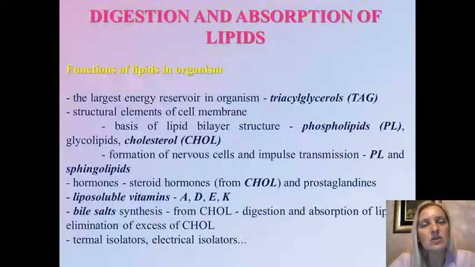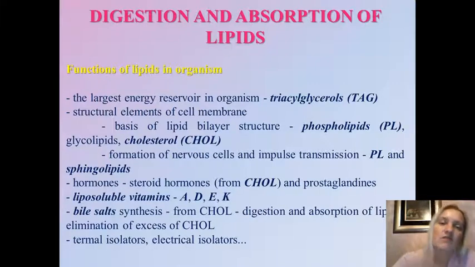But just in order to warm up a little bit, I'm going to remind you about the numerous and important functions of lipids in our organism. So the first thing that comes to our mind is definitely that lipids are the largest energy reservoir in our body.